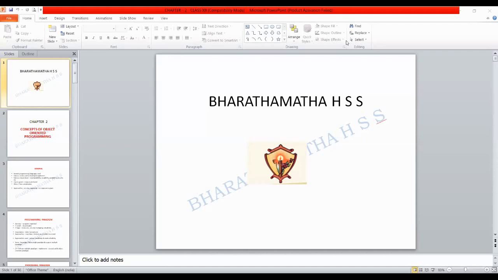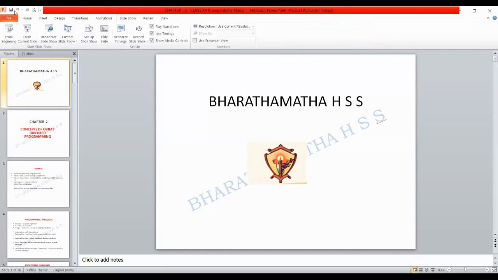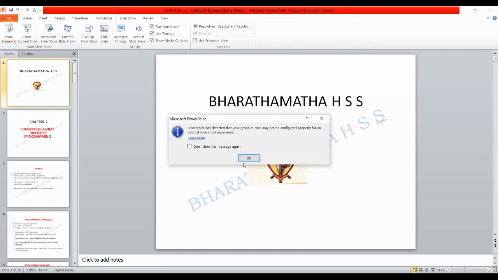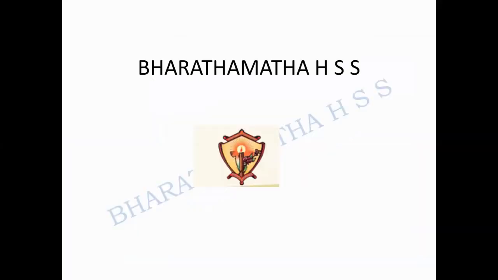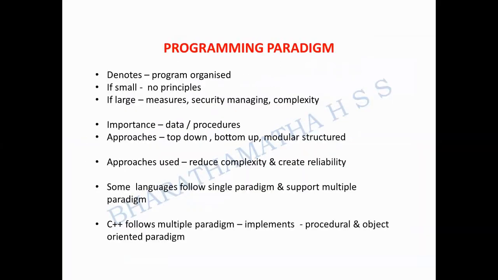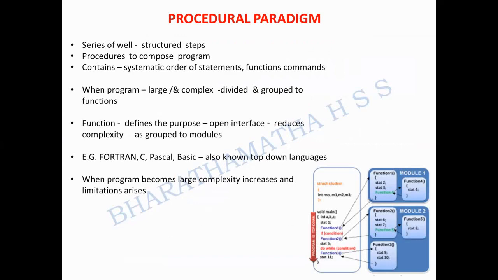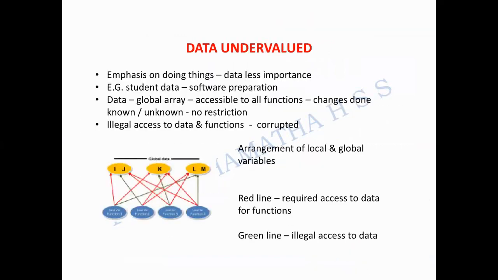Last class we started with what OOPS concepts are and what the various programming paradigms are. We also saw the advantages and disadvantages of the various programming paradigms. Among them, you had the procedural paradigm, and we saw its limitations in detail.